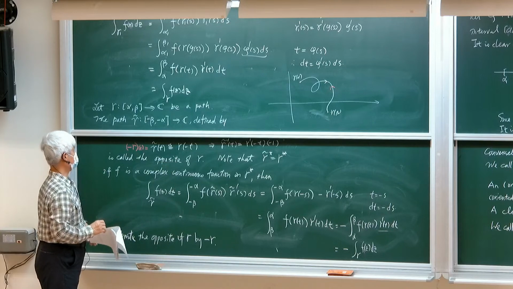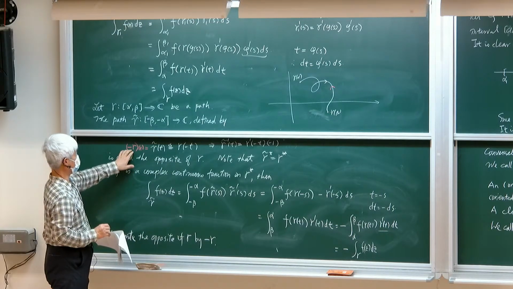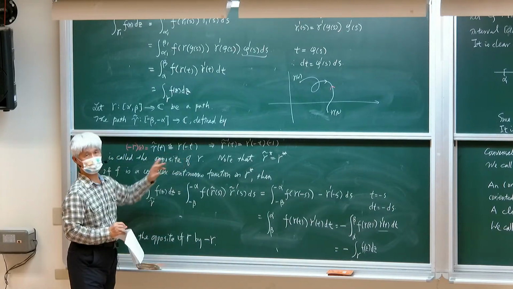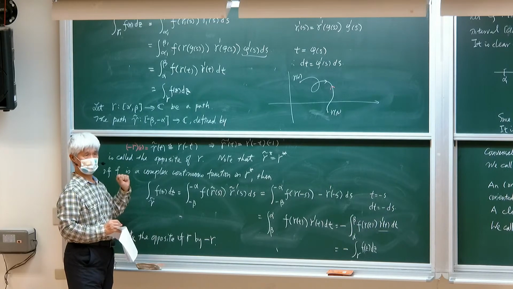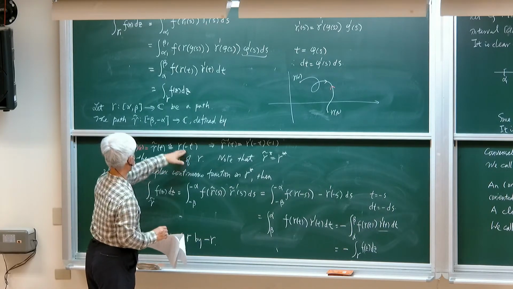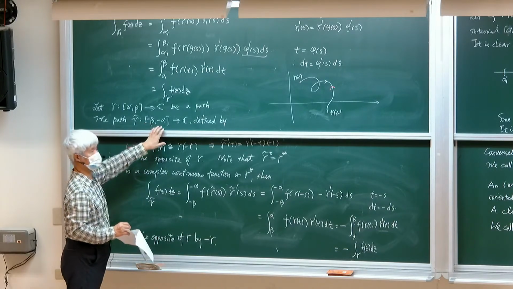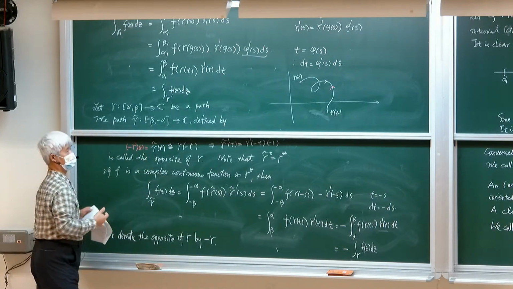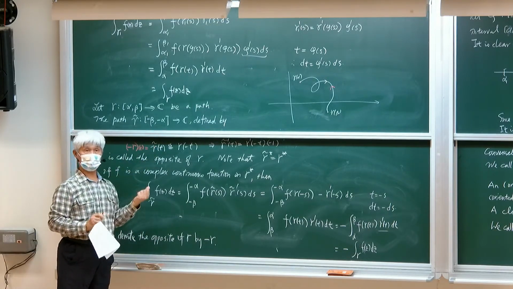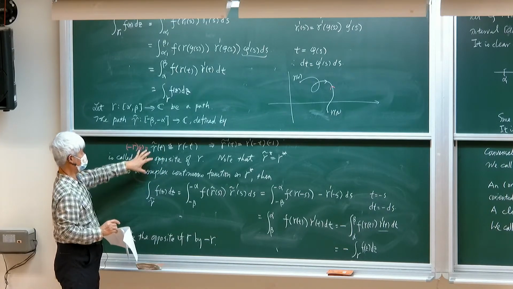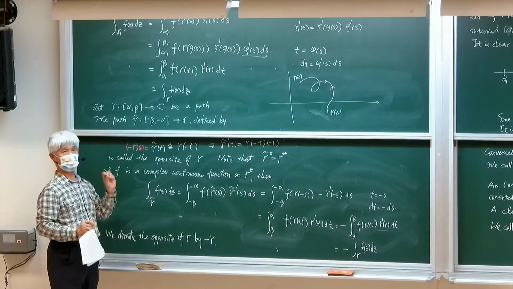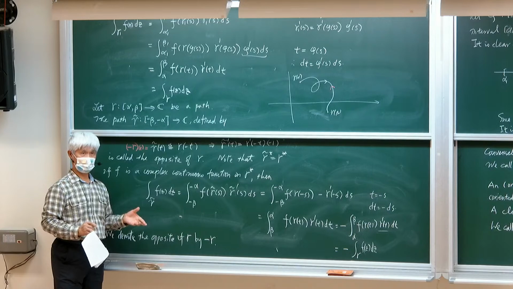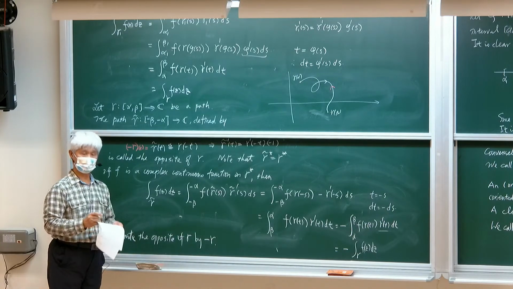So later on, when we write minus gamma, we mean this mapping, whose definition is gamma of minus t, and the parameter interval is from minus beta to minus alpha. Of course, you can do arbitrary reparameterization, but this is the standard way to parameterize the opposite of a path. Any questions?